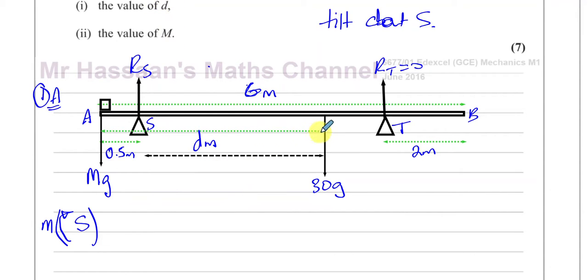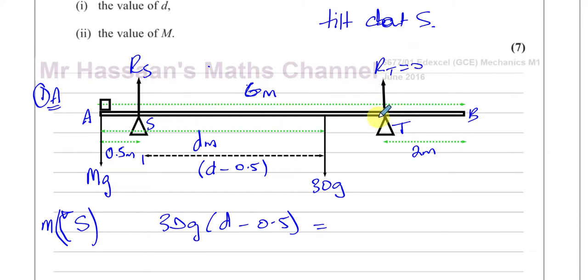This is d, the distance from A of this weight, so d minus 0.5 is the distance from S. So the clockwise moment will be 30g times d minus 0.5, equals the anti-clockwise moments, given by this.